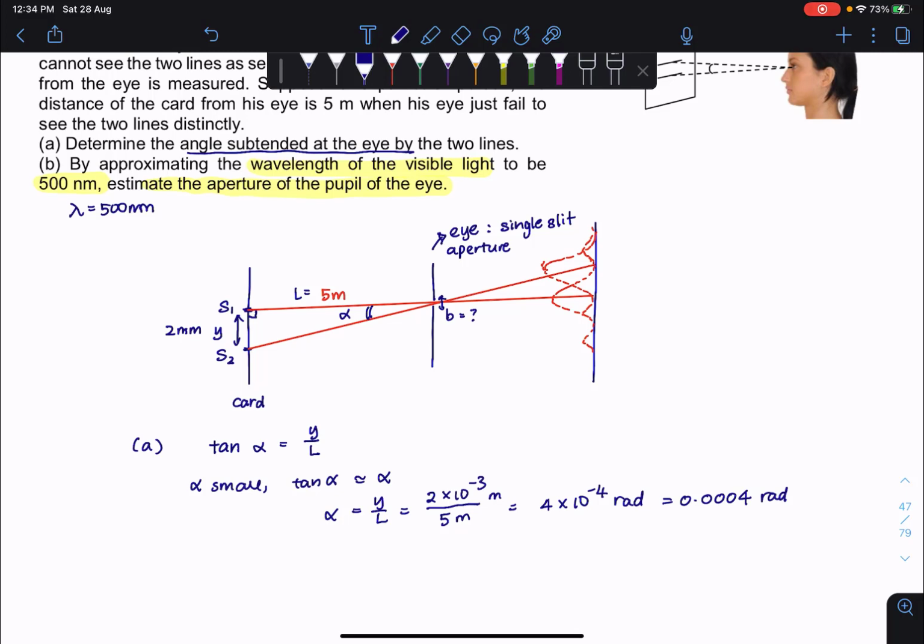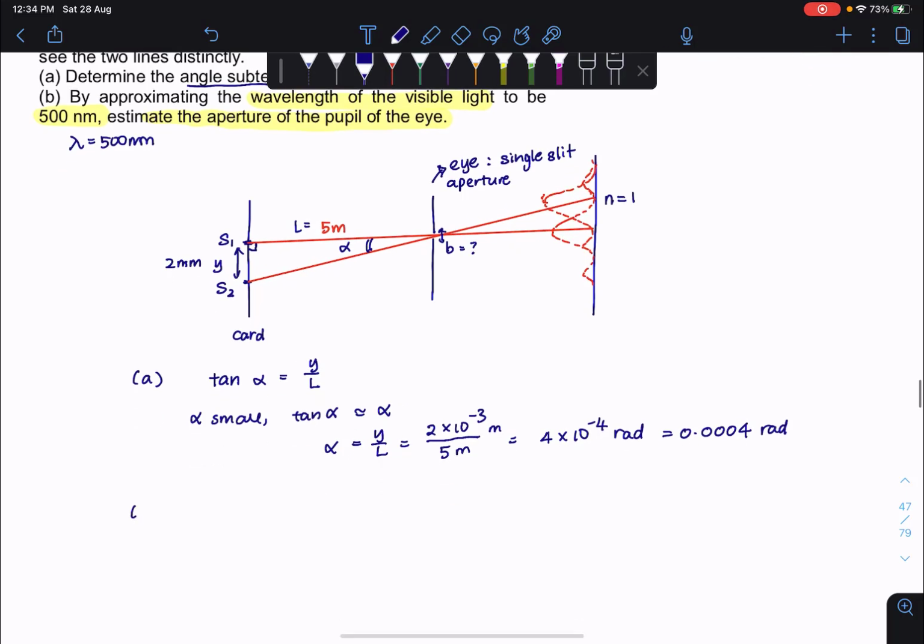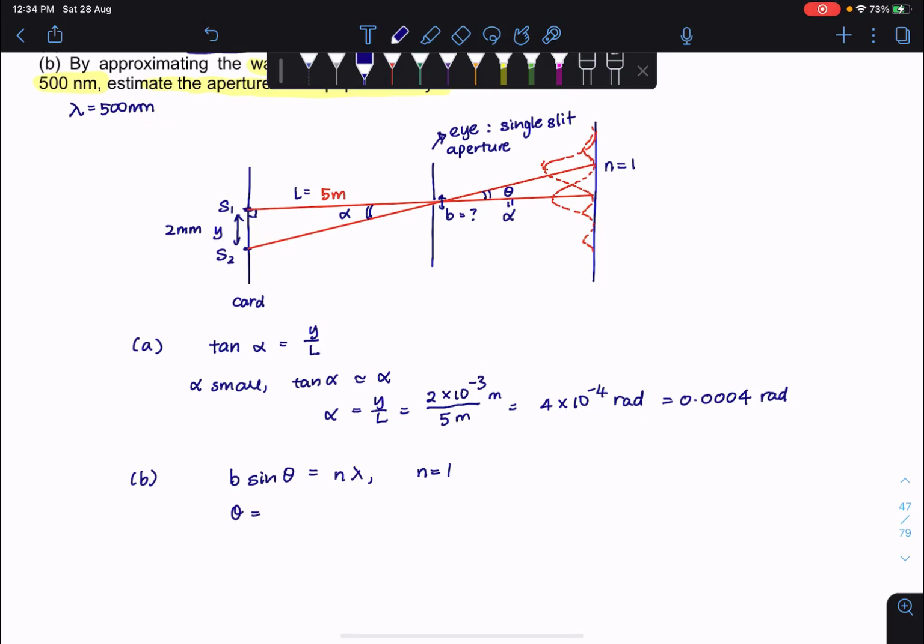Using our Rayleigh criterion, we know that your images are just resolved when the maxima from the second source overlaps with the first minima. So we are looking at the condition. This is where we apply our single slit: b sine theta equals n lambda, where n equals 1. And what's my value of theta? If this is alpha, this theta here is also equal to alpha. So theta equals alpha.